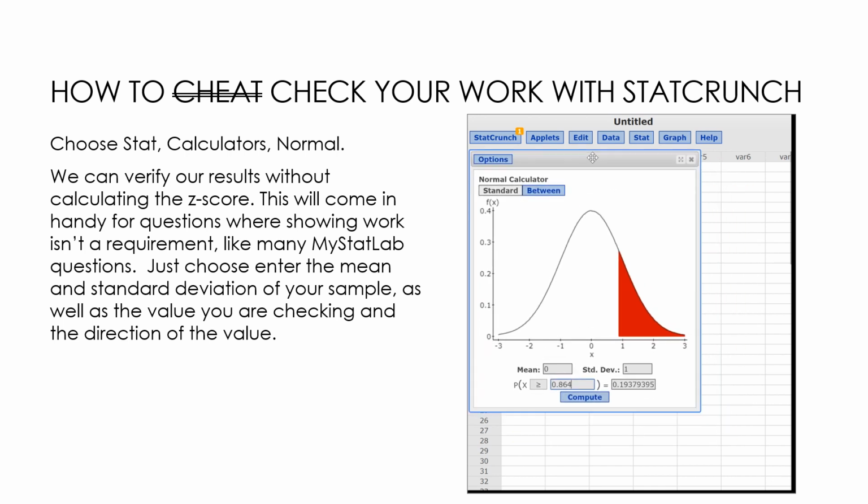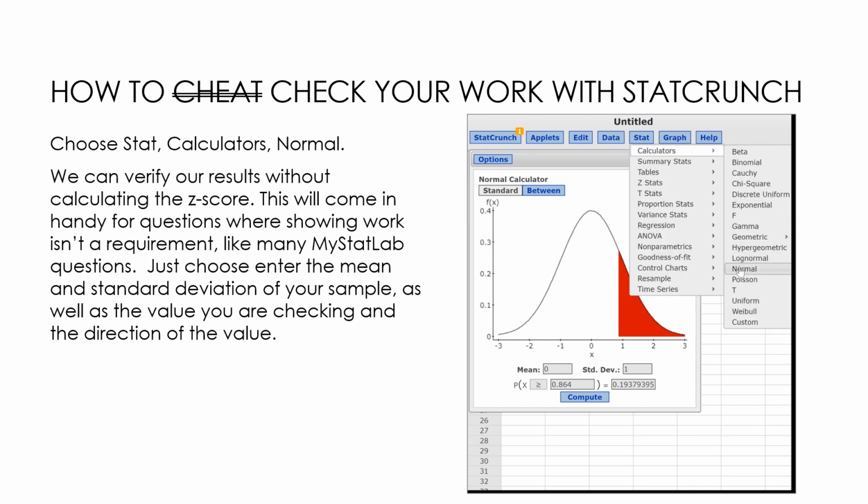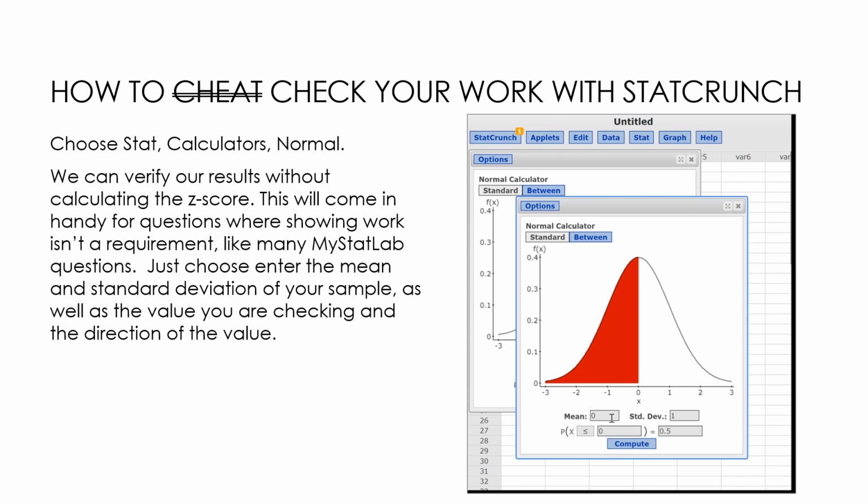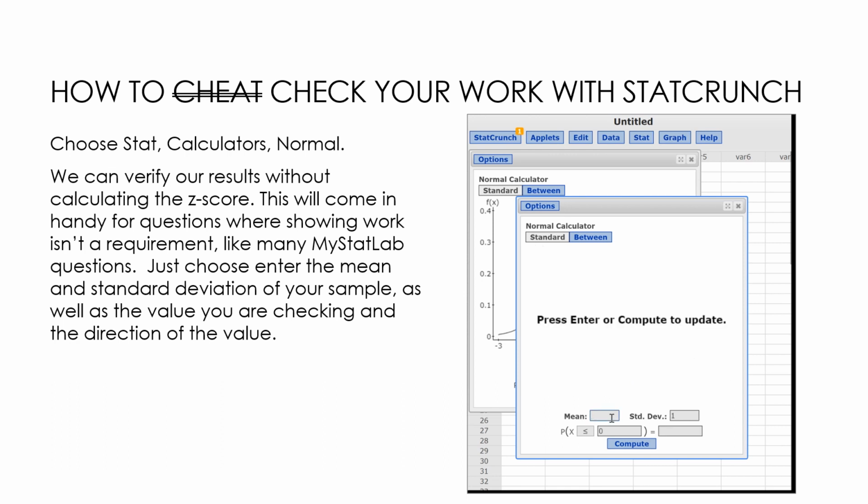Now what I can also do is if I'm not asked to find a z-score, or if I want to check my work. So don't just go straight to this, because if I ask you to find a z-score and you don't, I'm not going to give you the points for it. But if I go to Stat, Calculators, and Normal again, this time I can look at the mean of 21.2 and standard deviation of 4.4.